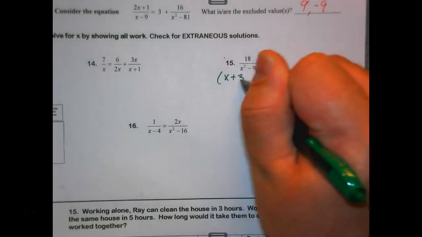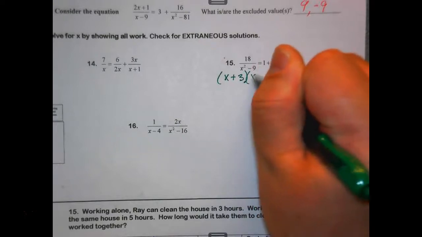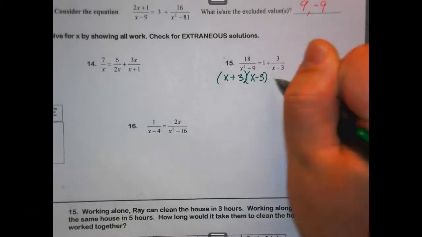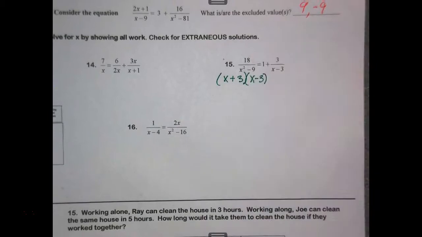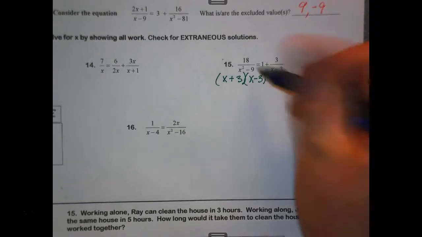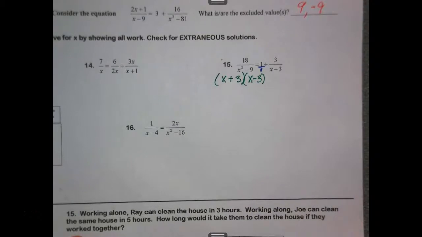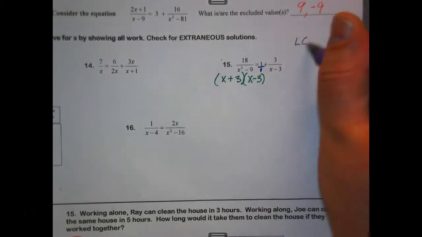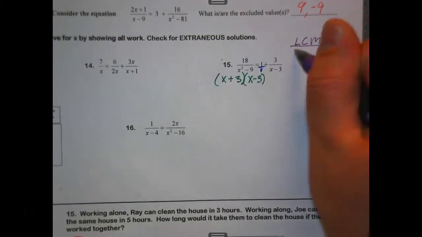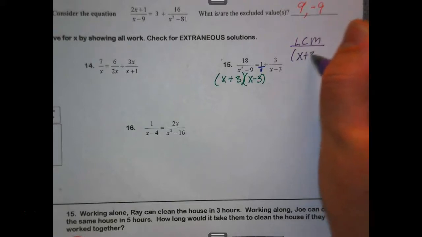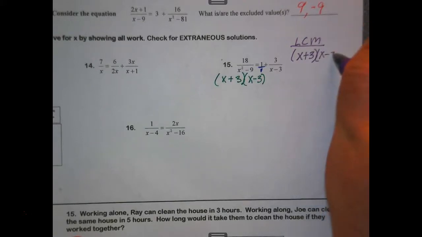x plus 3, it's the difference of squares, x minus 3. What's our lowest common multiple? Don't forget this 1 is over 1, right? What's our lowest common multiple? x plus 3, x minus 3.